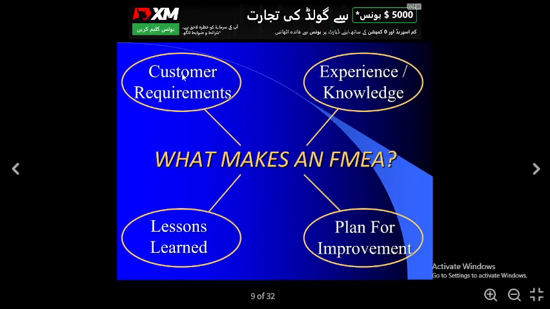Or you have some experience or knowledge database that you can use for an improvement, or an accident may not have happened, or some accident may have happened and you have lessons learned and you want to improve. And if there is a new model of a car coming and you have some improvement to be done, you will always be doing FMEA on specific components or parts of your systems for improvement.